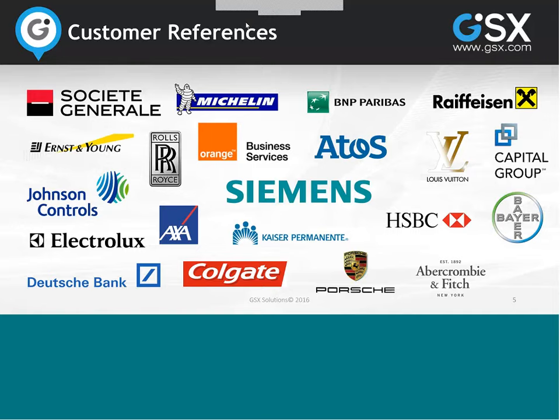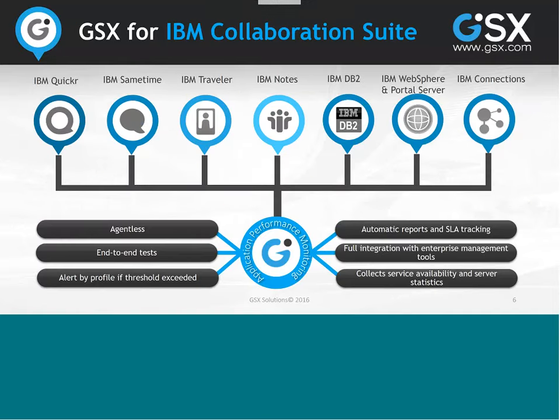So GSX for IBM Collaboration Suite. Basically, we are providing monitoring for a lot of the IBM Collaboration Suite. You can see in this slide that we cover the entire IBM application range. So from Domino to Quickr, Sametime, Traveler, DB2, Connections, and any kind of WebSphere and portal application.